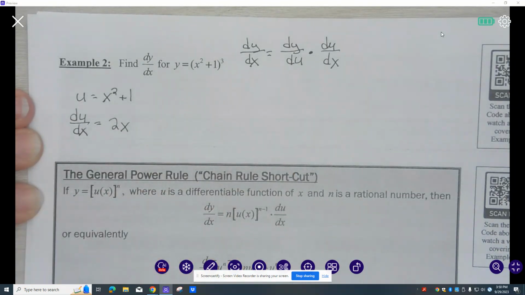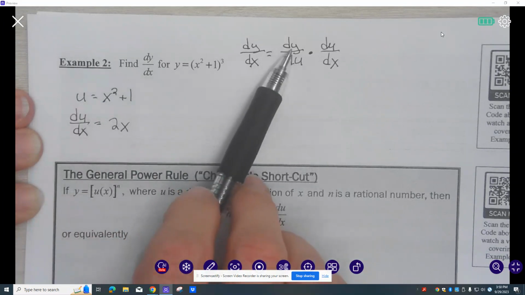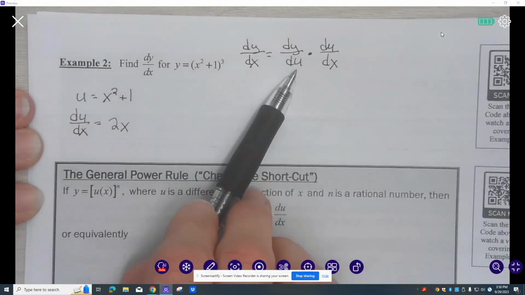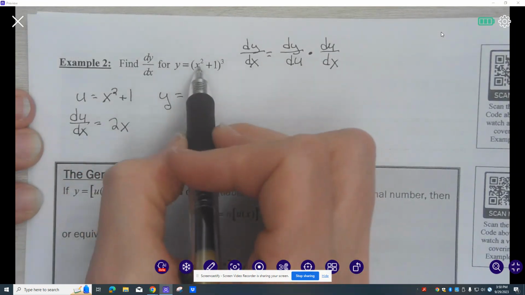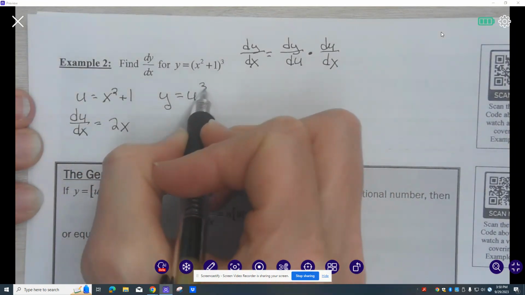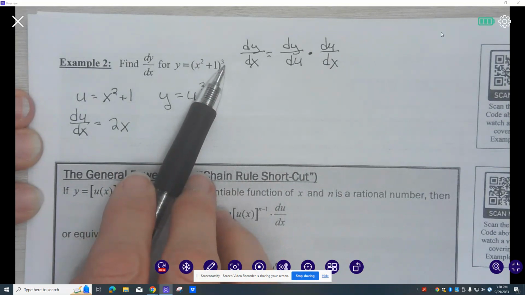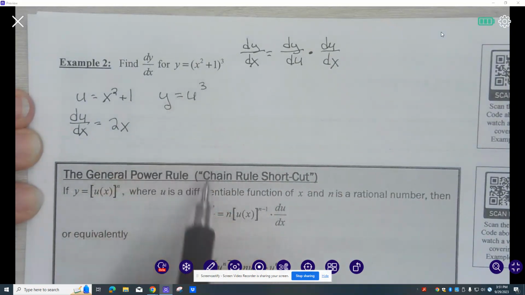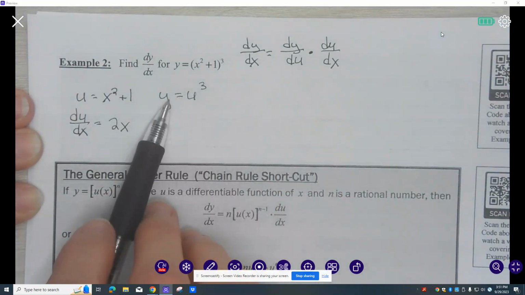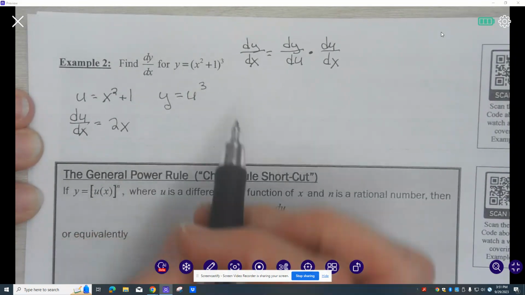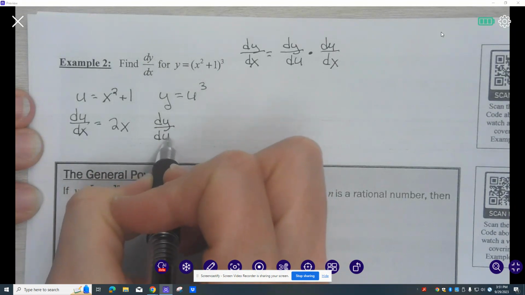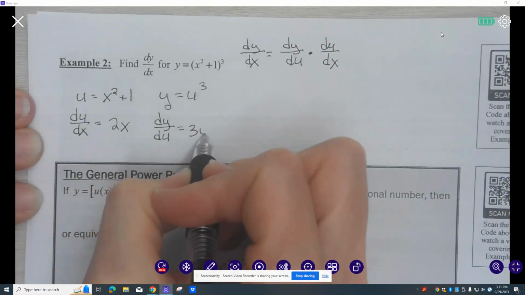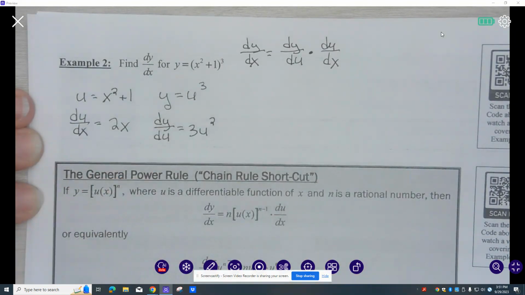The outside will be our dy du. So what is on the outside? y equals u to the third. So the outside is something to the third. The x squared plus 1 is the inside. If I'm taking the derivative of y with respect to u, that would be 3u squared.